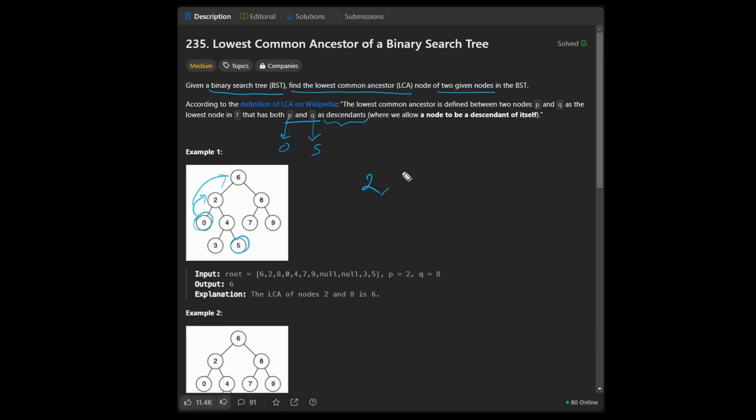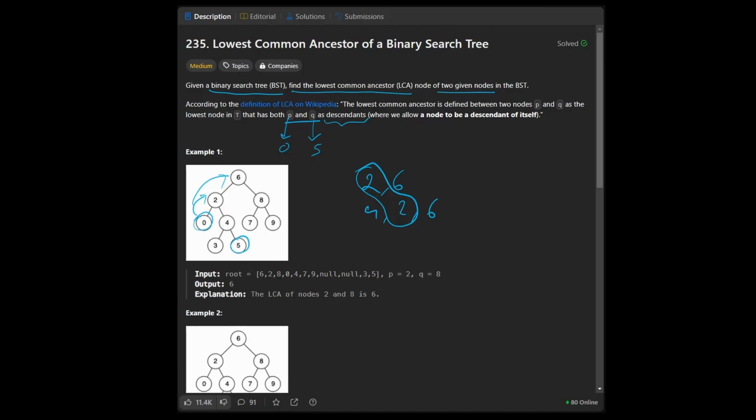So 2 and 6 are the ancestors of 0. 4, 2 and 6 are the ancestors of 5. Which one would be the common and the lowest? And the answer is 2. 2 would be the lowest common ancestor for 0 and 5.